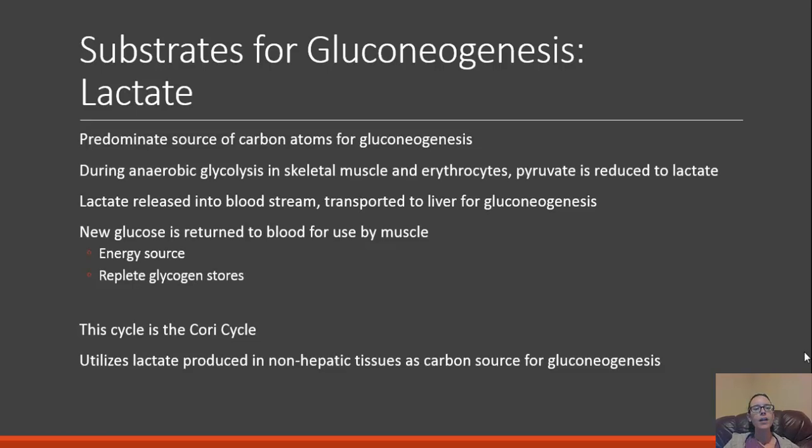Okay, so now I want to talk about the substrates that we can use for gluconeogenesis, okay? So lactate. Remember where we get lactate? We get lactate when we have anaerobic conditions, and then we convert pyruvate to lactate, okay? And lactate is the predominant source of carbon atoms in gluconeogenesis.